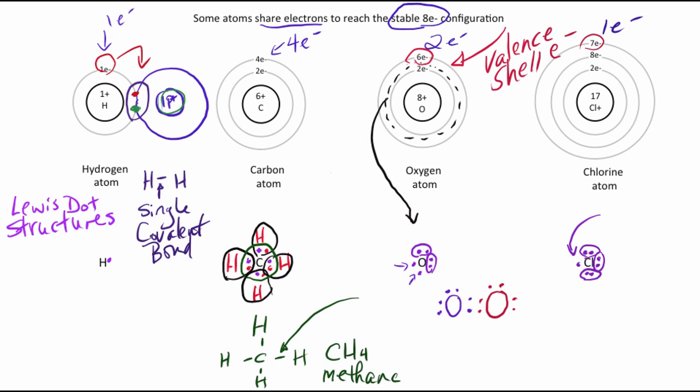All right, now let's see if I can make sense of this. So what I've done is I've shared, instead of one pair of electrons, I've shared two, and I have 2, 4, 6, 8 electrons around that oxygen atom, and I have, watch, 2, 4, 6, 8 electrons around that oxygen atom.